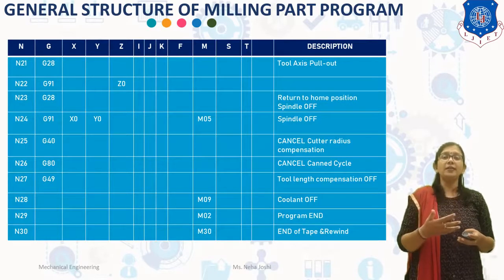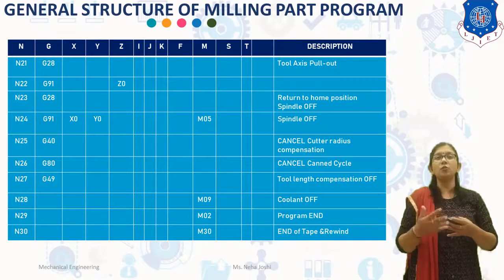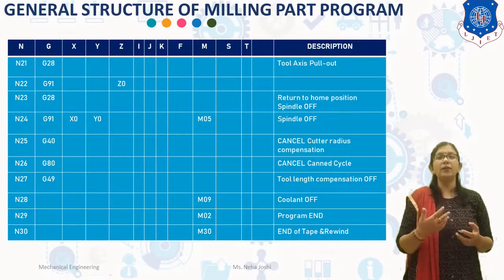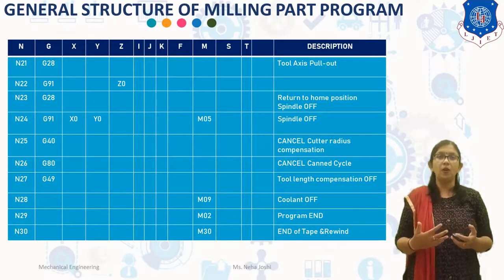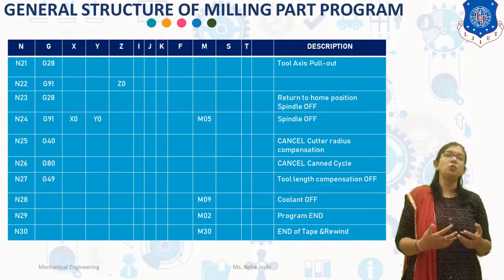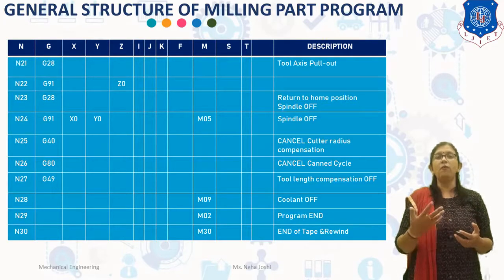Then N27 is the sequence number, and G49 is used for turning off the tool length compensation. After that, the next sequence is N28, and M09 is used for turning off the coolant. Then the next sequence is N29, and M02, which is a miscellaneous function, is used for the end of the program.